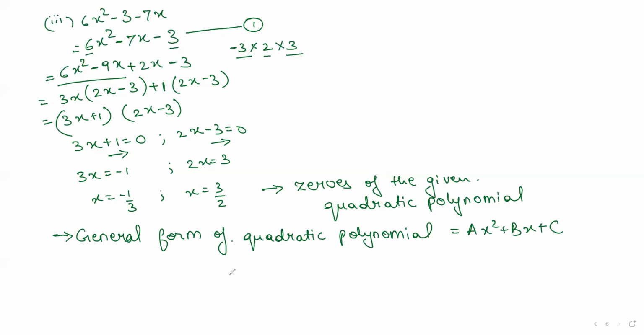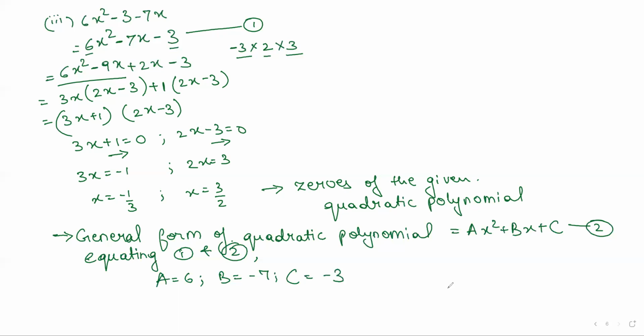Equating this with equation 1, let's say this is equation 2. Equating 1 and 2, we have a is equal to 6, b is equal to minus 7, and c is equal to minus 3.